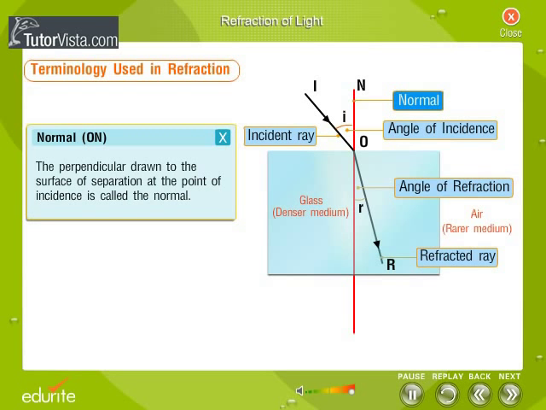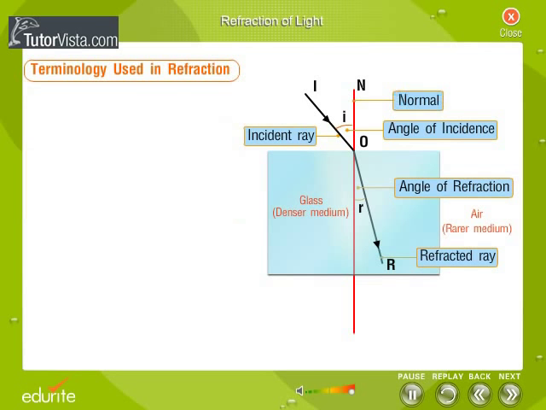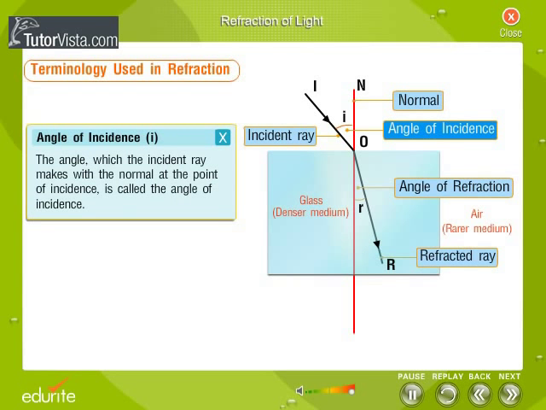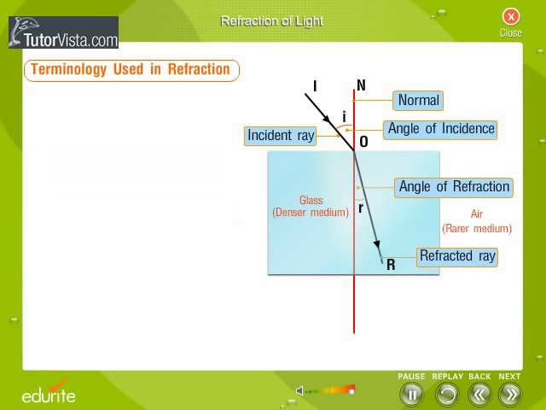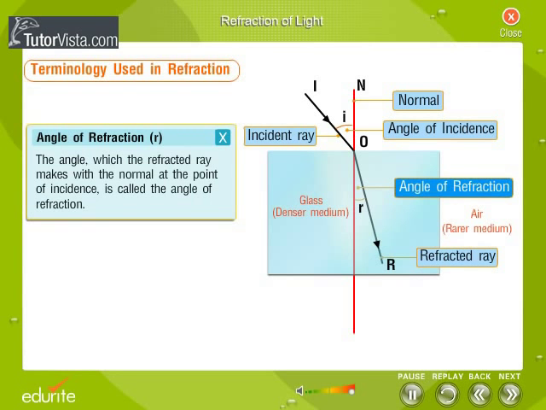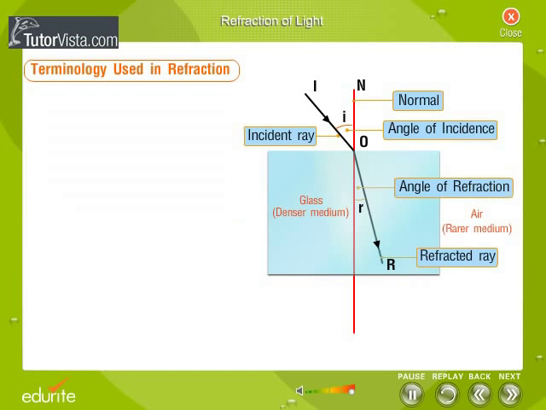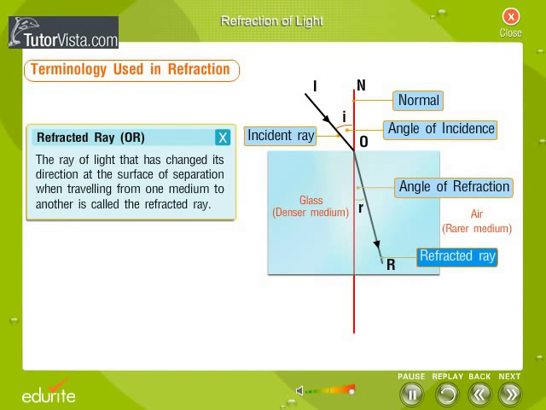The perpendicular drawn to the surface of separation at the point of incidence is the normal. The angle of incidence is the angle which the incident ray makes with the normal at the point of incidence. The angle of refraction is the angle which the refracted ray makes with the normal. The refracted ray is the ray of light that has changed its direction at the surface of separation.